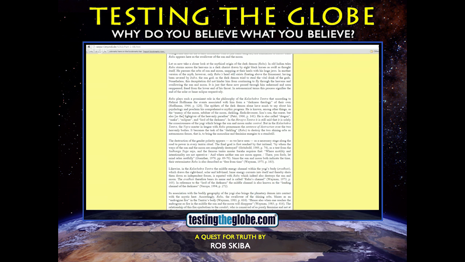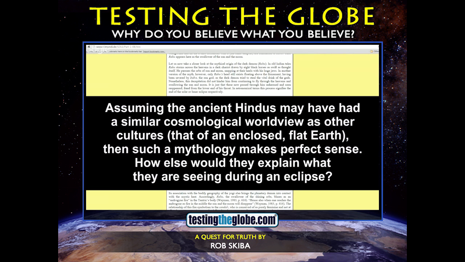Nonetheless, this decapitation did not hinder him from continuing to fly through the heavens and swallowing the sun and moon. It is just that these now passed through him unharmed and soon reappeared, freed from the lower end of his throat. In astronomical terms, this process signifies the end of the solar or lunar eclipse, respectively. So basically, they have this idea of a floating head of a god out there that tries to swallow up the sun and moon, but because it's decapitated, the sun and moon just exit the other side.